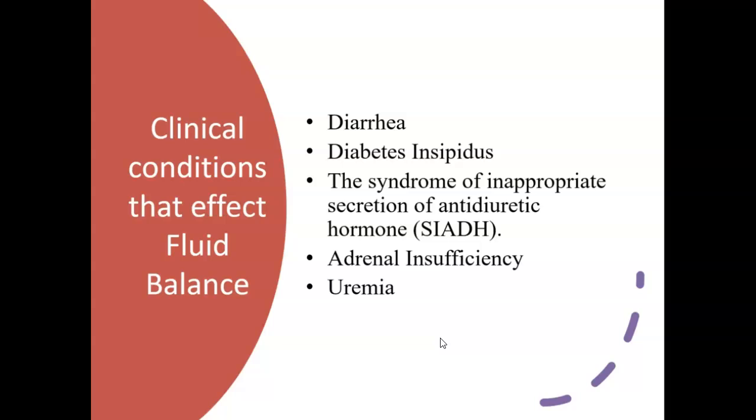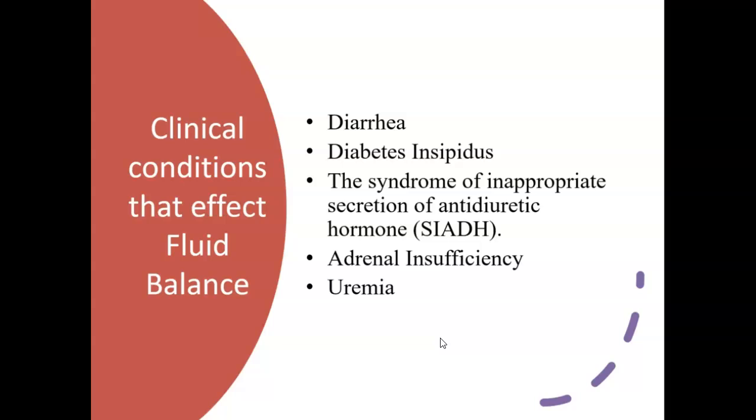So in diabetes insipidus, by inhibiting this antidiuretic, meaning no peeing hormone, you're going to pee a lot and be really dehydrated. And in the syndrome of inappropriate secretion of antidiuretic hormone, you're going to have a lot of this hormone in your system, and that means you're going to retain water and not diurese it or urinate it out.